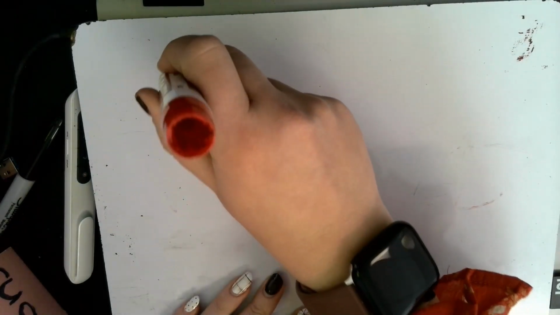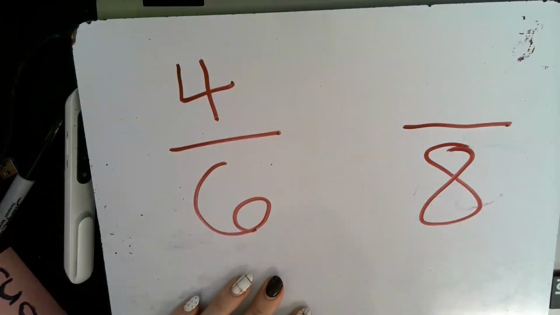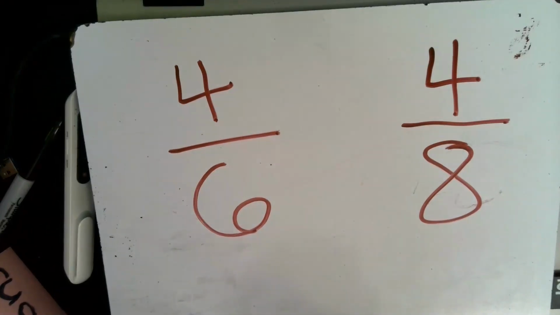Let's try another fraction. Let's do, how about 4/6, and how many eighths should I do? 7. No, 8. Let's do 4/8. We'll do like numerators here, even though we're really focusing on like denominators.